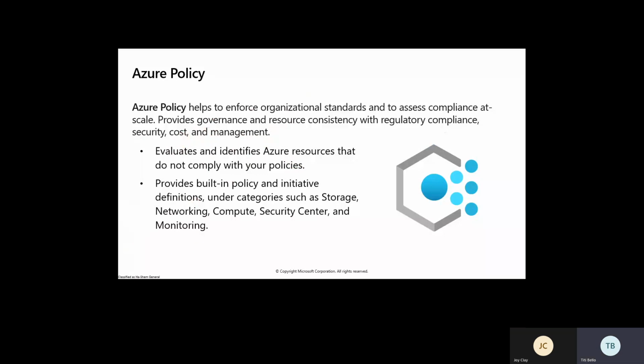Or it could be that the government or local policy prevents certain data from being hosted in other countries. So they have certain countries where the data can be hosted. In that case, we might create a policy that says when people are creating resources, only this region should be allowed.